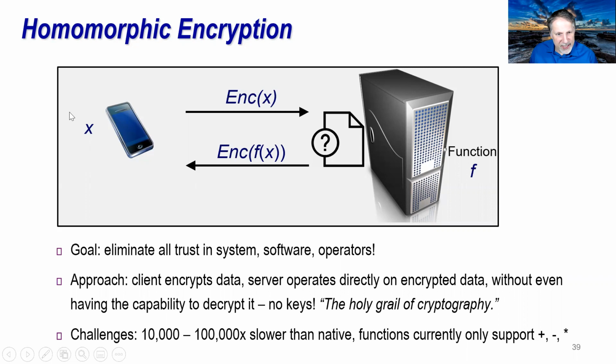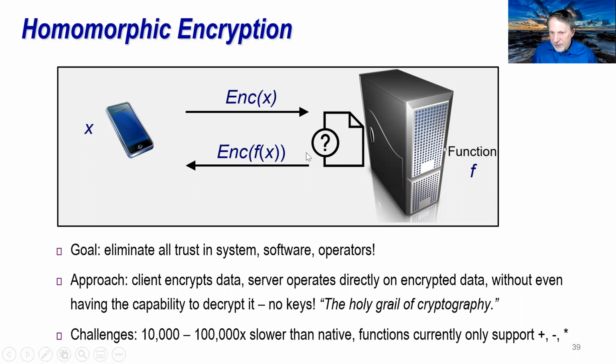This user can take this value, let's say it's their voice, Siri, what time is it, and they can encrypt that voice, send it up to the server, and apply a function to that encrypted value, be it a natural language processing machine learning model, be it a computer vision algorithm, whatever, and you get an encrypted result.